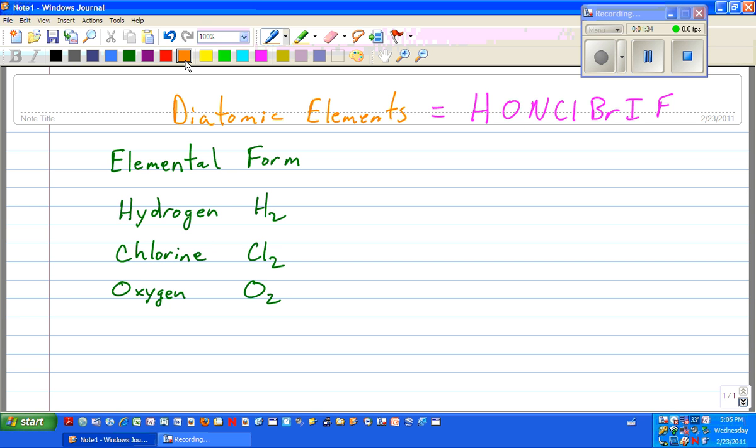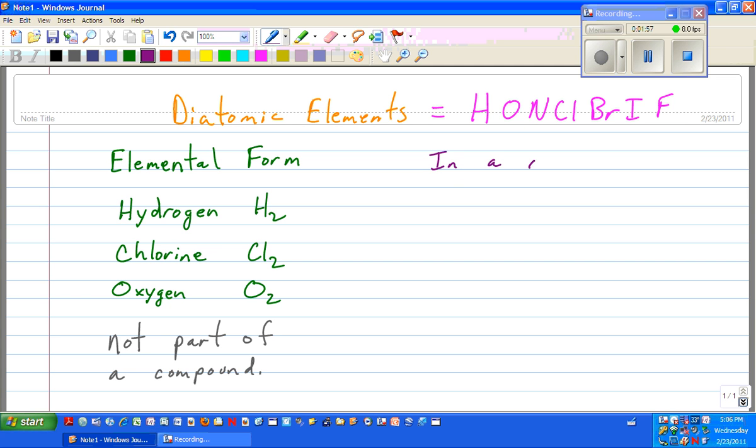This only is true when this is not part of a compound. When these 7 are part of a compound, you just follow the formula writing rules.